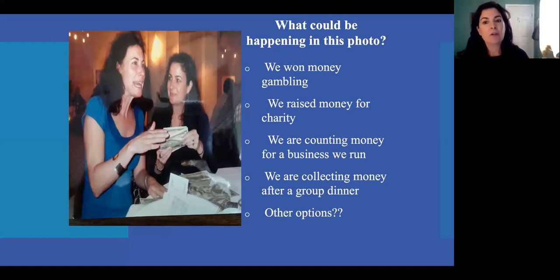So here, Corey and I are with a giant pile of money in front of us. What could be happening in this photo? Okay, so we've got some possibilities up here. If you could open your chat up and type in some other things that might be happening.